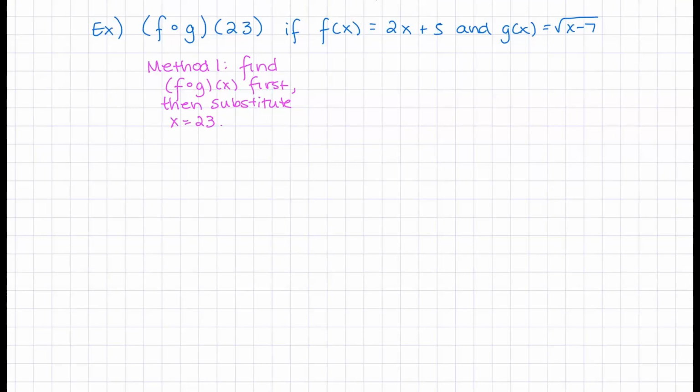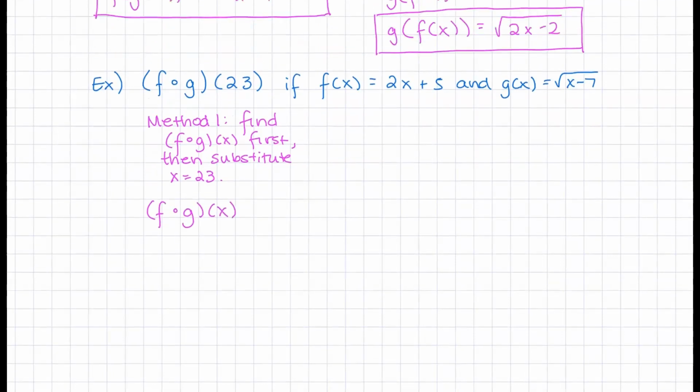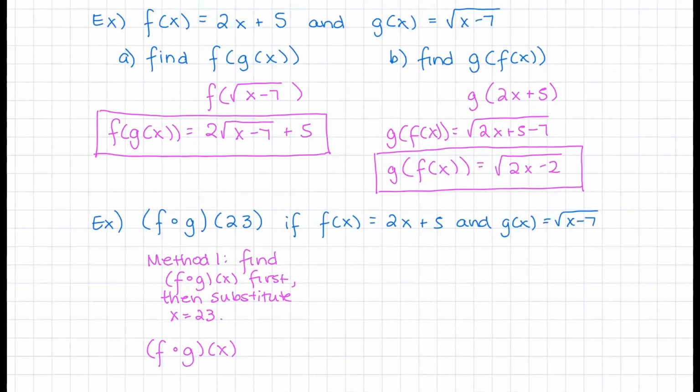Now we already found f composed with g, because remember we did that up above. That was part A. Remember, this notation is the same as this notation, so we already found it right there. So let's just make use of that. That is 2 square root x minus 7 plus 5.